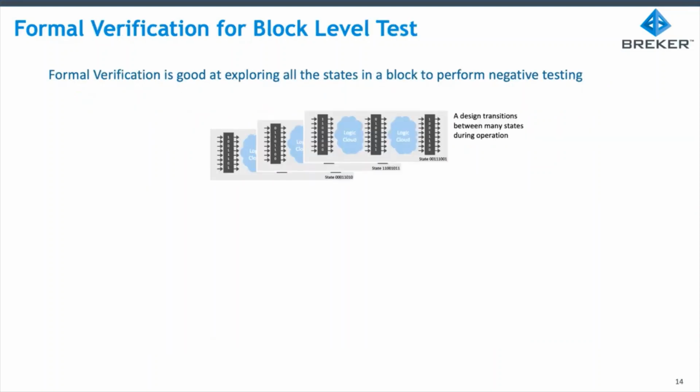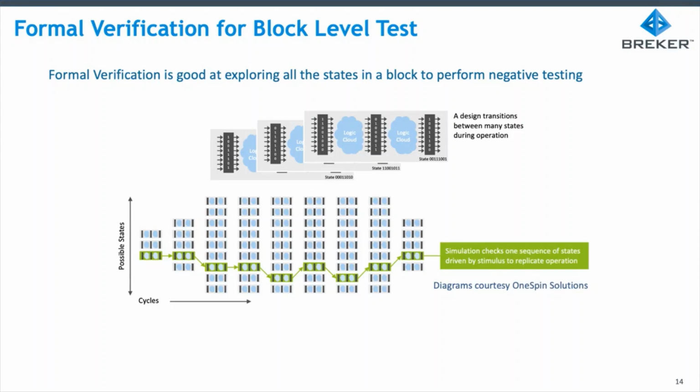Formal verification has been proven at the block level a very effective way to perform this kind of verification. So formal verification is good at exploring the entire state space of a block and basically allowing the engineer to ask questions about the state space.